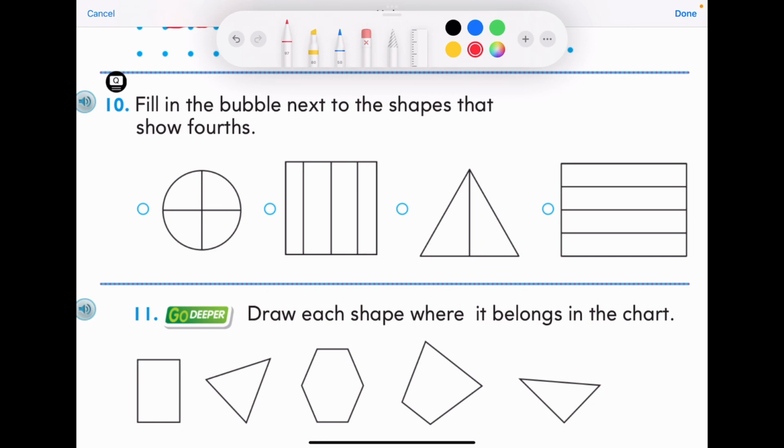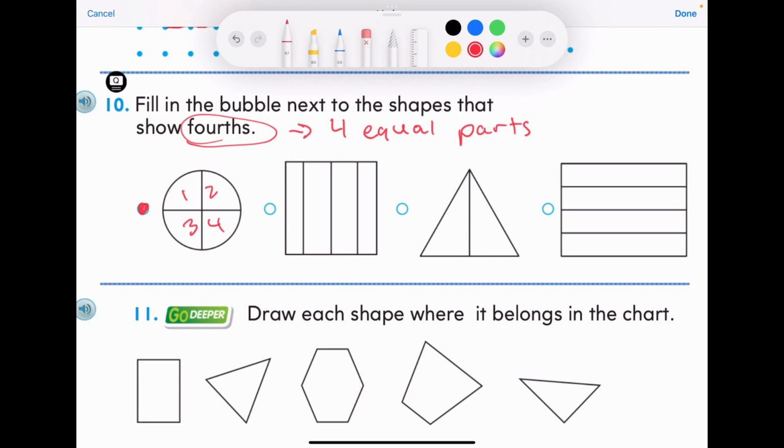Number 10 says, fill in the bubble next to the shape that shows fourths. So remember that fourths means we have 4 equal parts. All right, so this first one has 4 equal parts. 1, 2, 3, 4. The second one does not have equal parts.